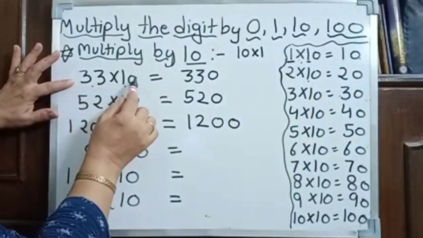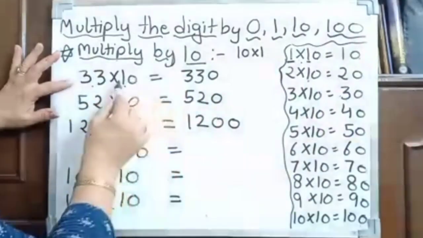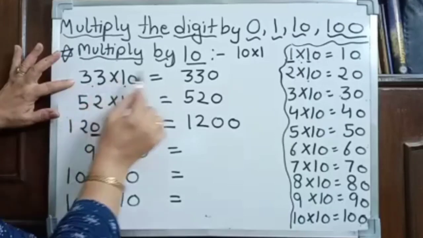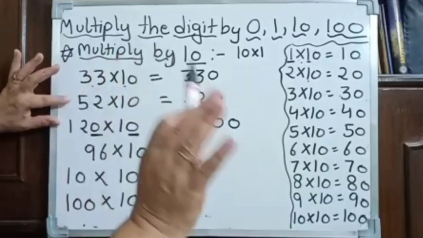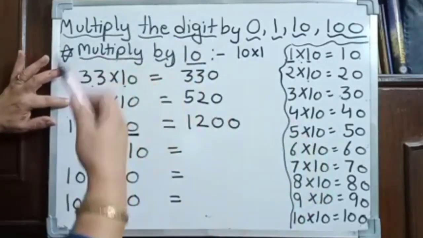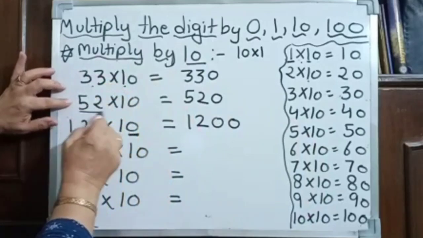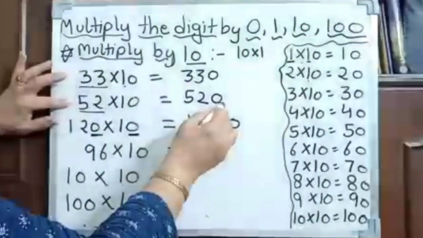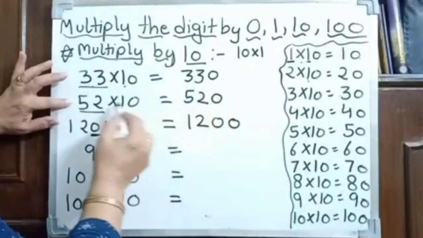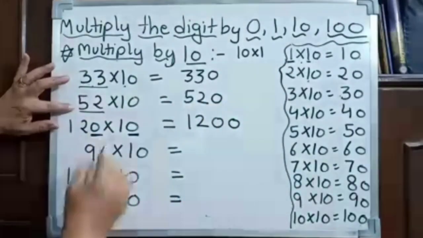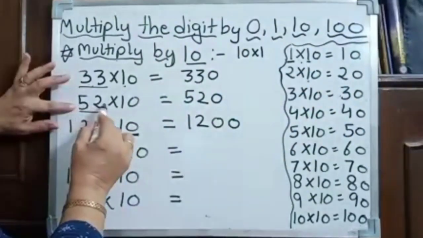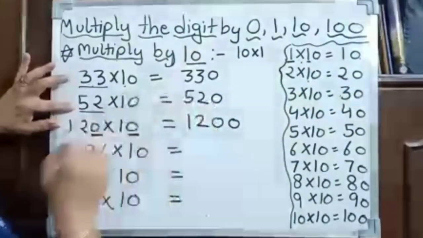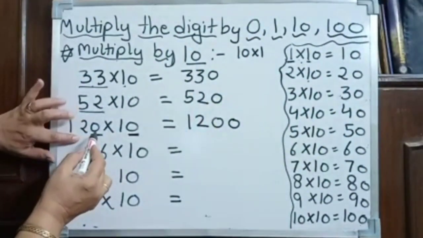33 into 10. 0 you shift here, then again 1 into 33, that is 33. You have to keep this in your mind: whatever the digit you are multiplying by 10, put 0 here and the same number. 52 multiplied by 10, 520. Now look at here, very important.